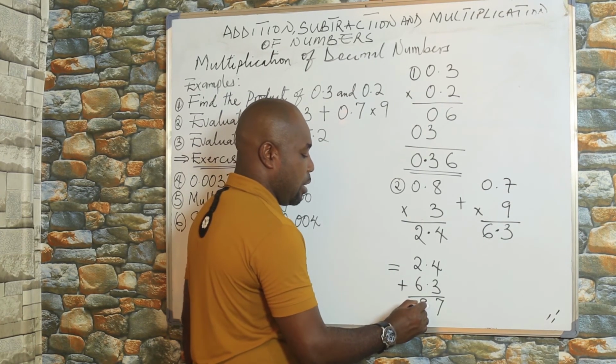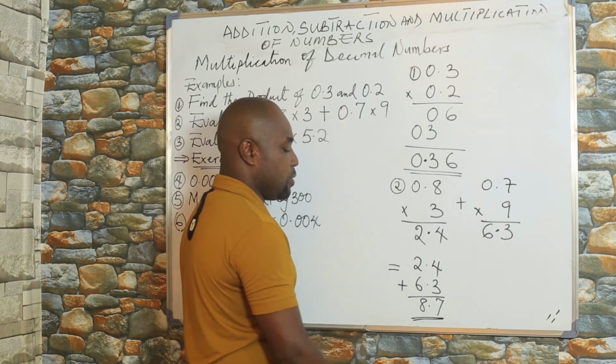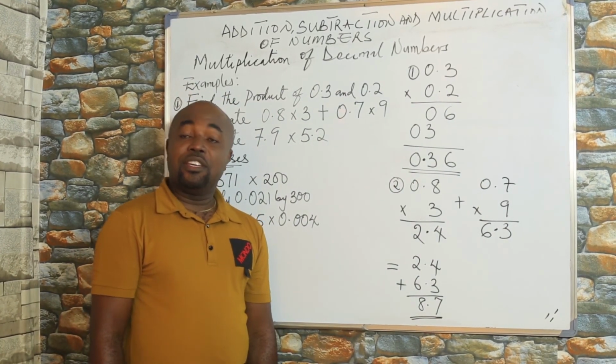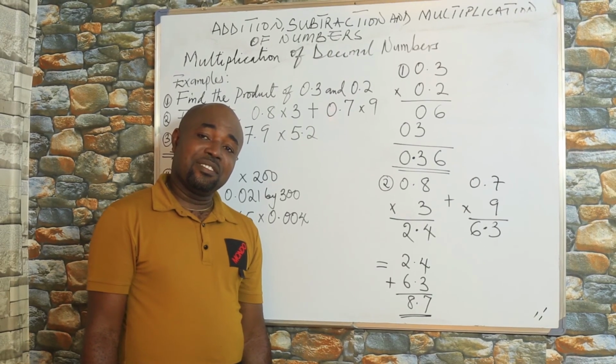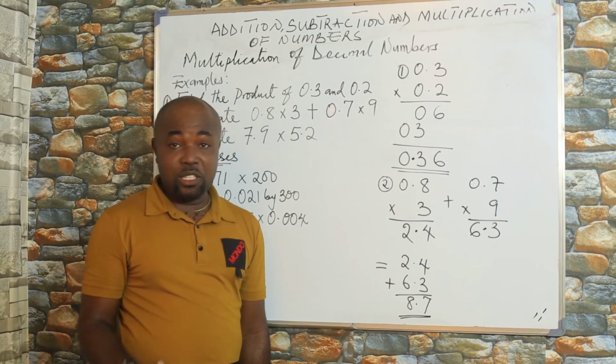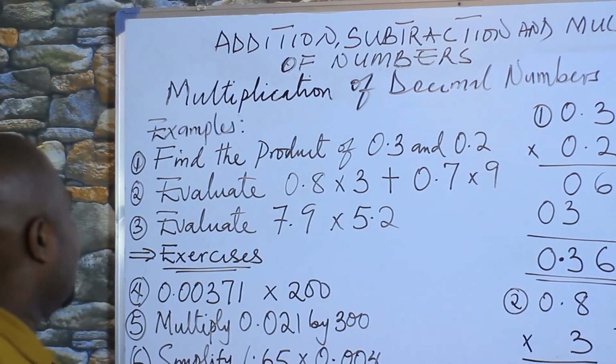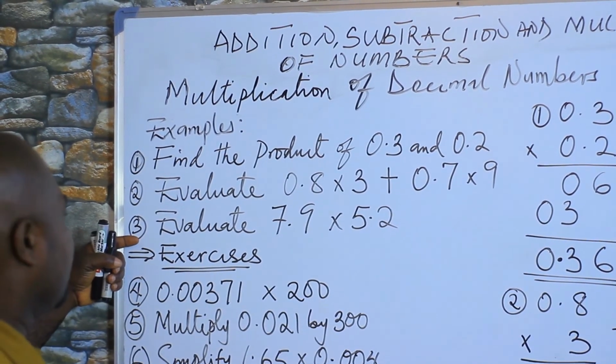And this is our decimal point, 8.7 as our final answer. Is it confusing? I don't think it is so. But if it is confusing, you can call me. I will explain further. Let us take the third question.